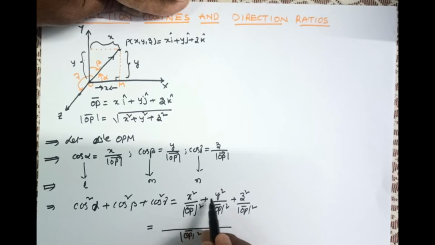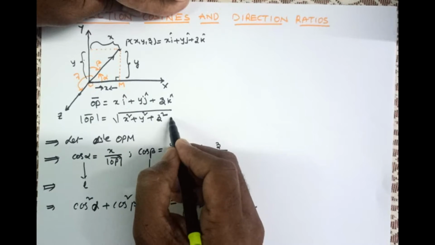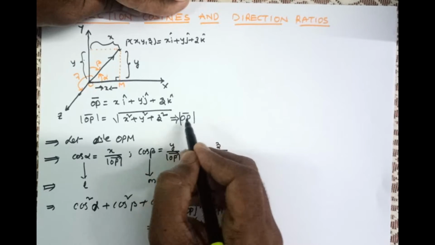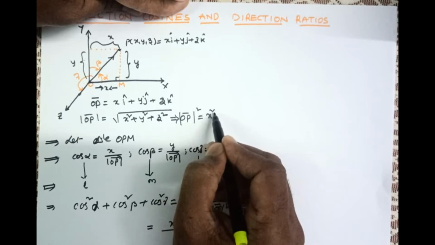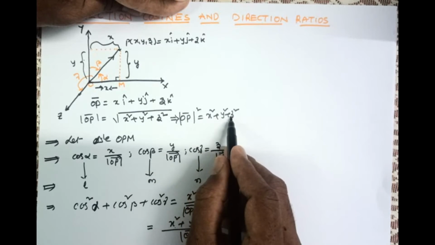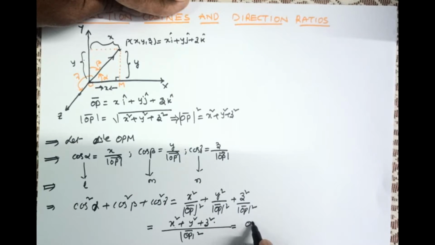So in the numerator we get x square plus y square plus z square, which we already obtained is mod OP square. So this is mod OP square by mod OP square.